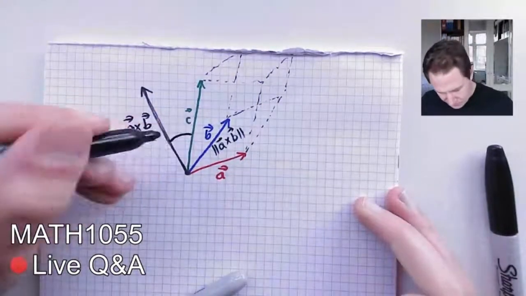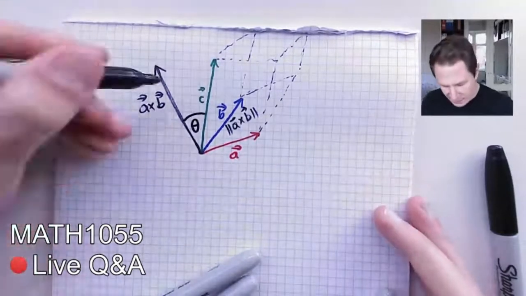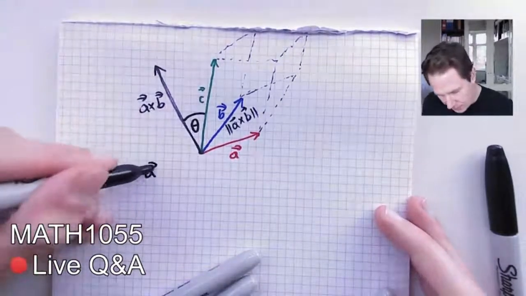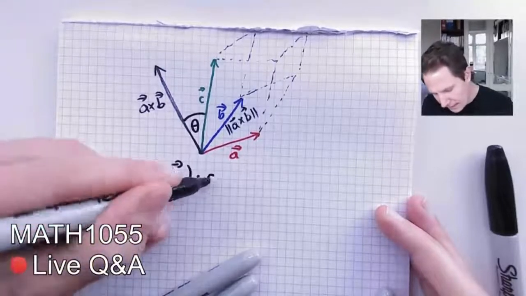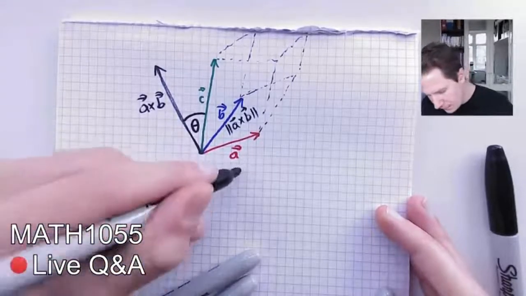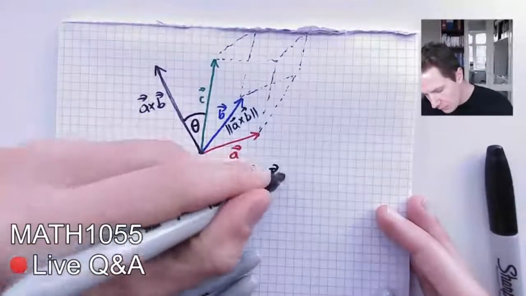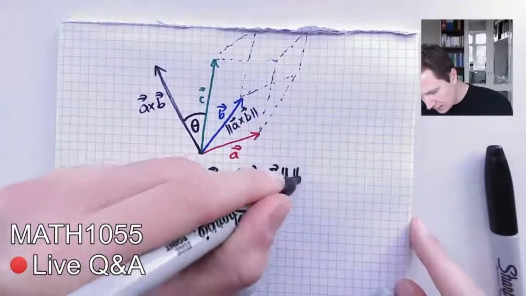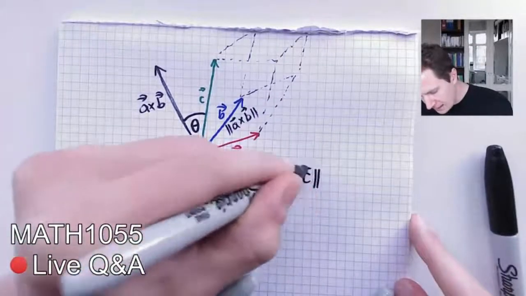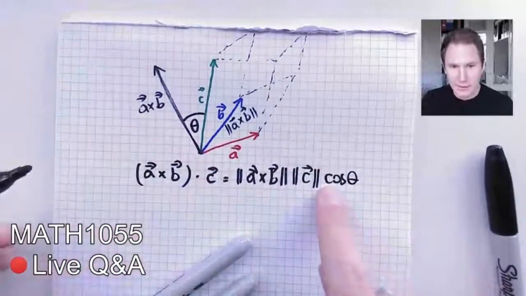And if this angle here is theta, then what we are basically getting when we calculate this scalar product of A cross B and C is the area of the parallelogram on the bottom multiplied by the length of C times the cosine of theta.